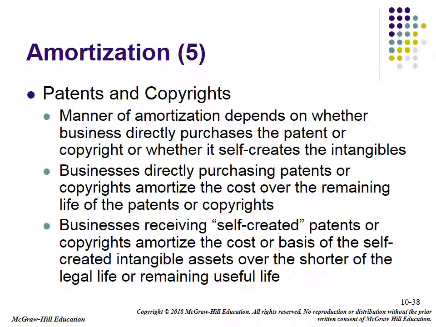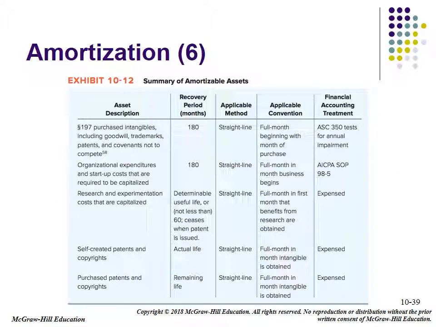So it all depends. Okay, and there's a table to summarize how we amortize different intangibles. So it's very straightforward. It's all straight line. You get a full month, even if you purchase or benefit purchase it in the middle of the month.